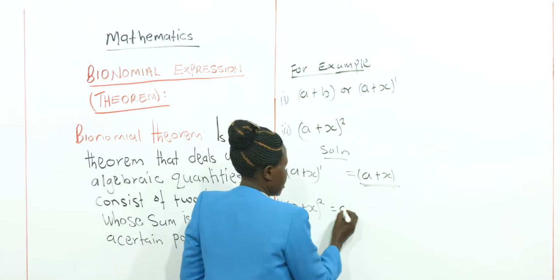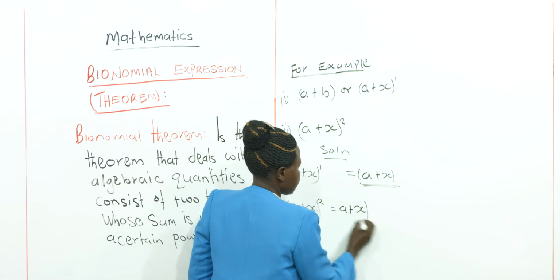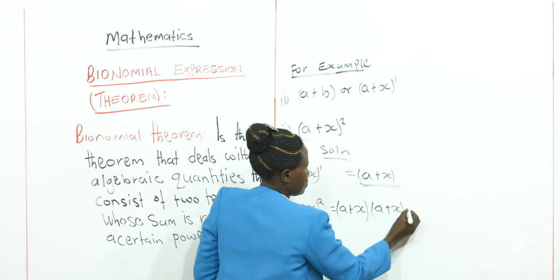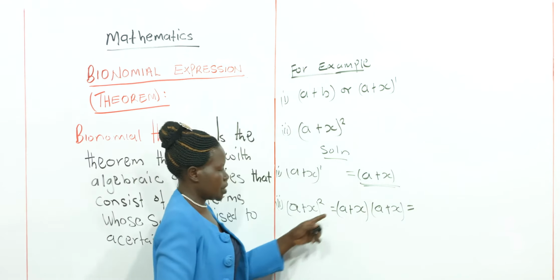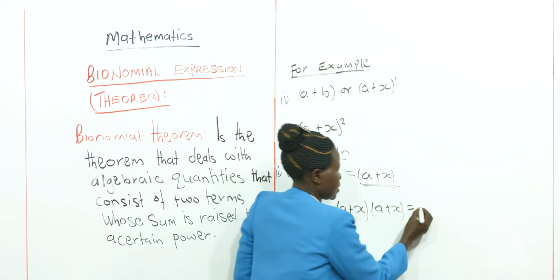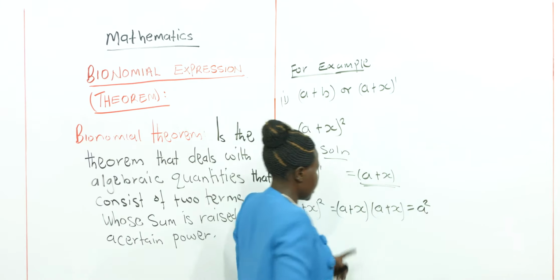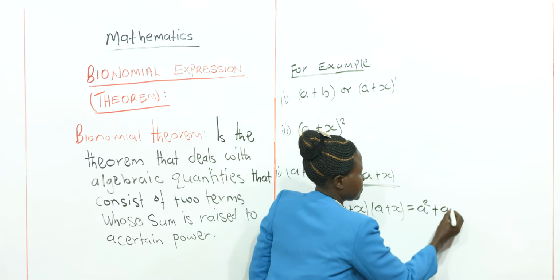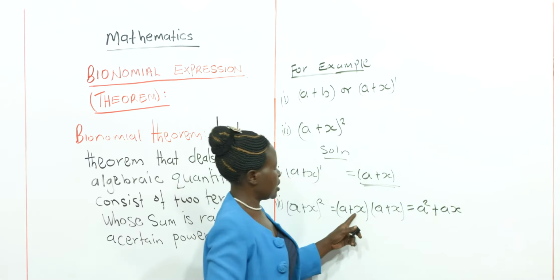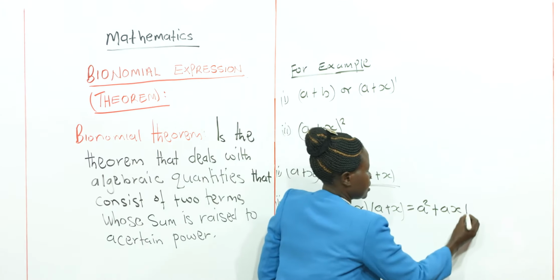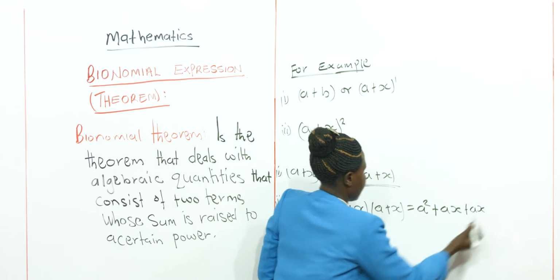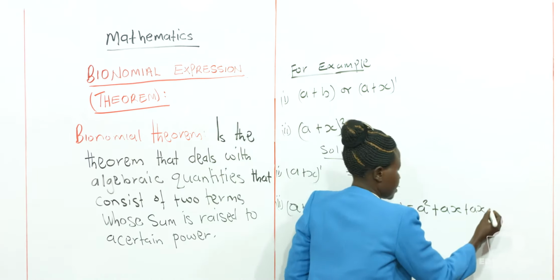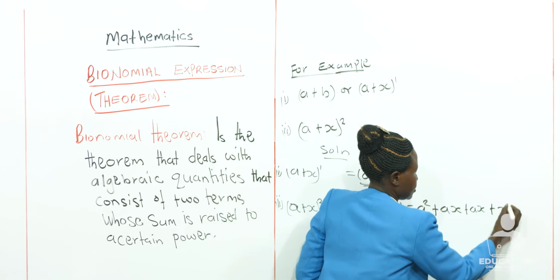That is a plus x times a plus x. a times a gives a square, a times x gives plus ax, then x times a gives ax, and x times x gives x square.